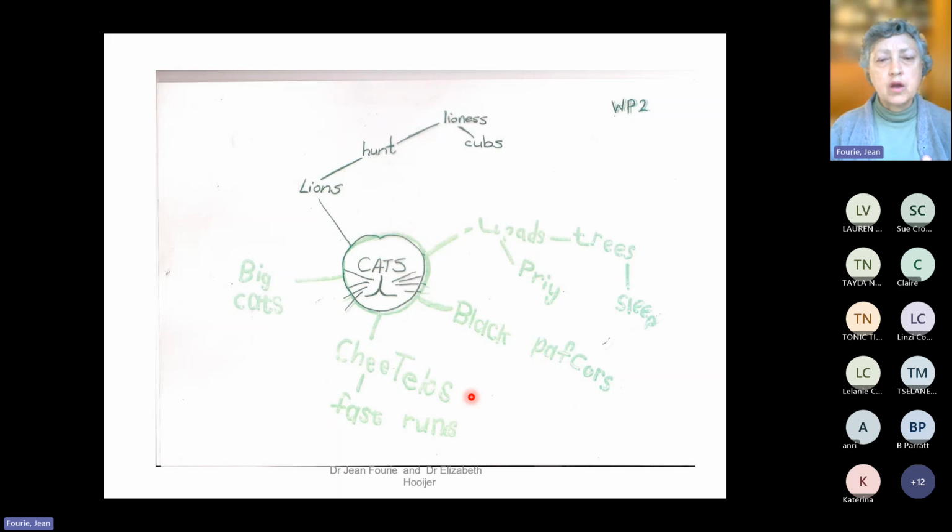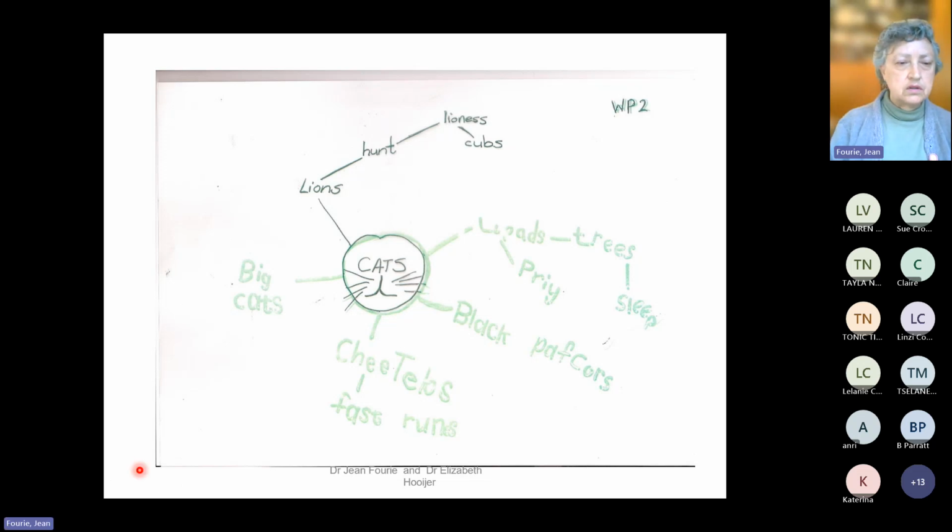And what do you know about cheetahs? They run very, very fast, says the child. So we're going to write that the cheetahs run very, very fast. So we are getting down the main ideas that we want to write about, and these ideas are the crucial things that we're going to put in our little story.